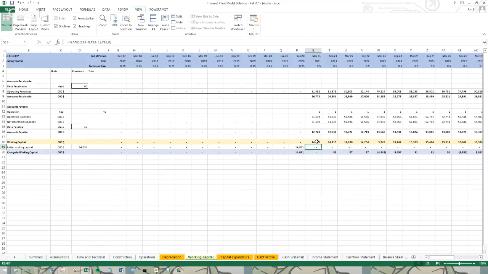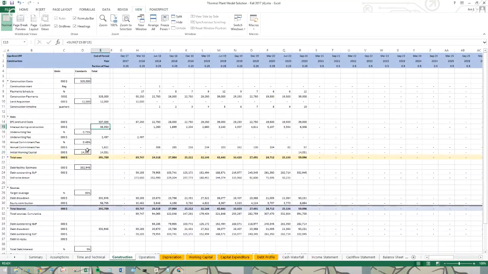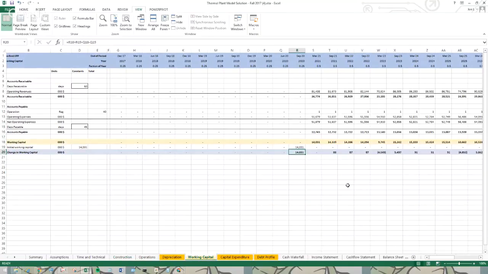That's your working capital. Your initial working capital is just this first amount, and this flows back to the construction. You've got to put money in that cash register up front before you can really start business. Then we've already invested all that money, and now all we're really worried about is the change in working capital. They call this net working capital, or change in net working capital.